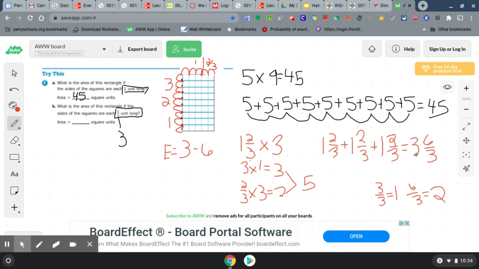So I'm going to say 3. So this is going to be renamed as 3 plus 2 right here. 3 plus 2 is going to equal 5. And either way, we arrive at the same answer. The area is 5 square units.